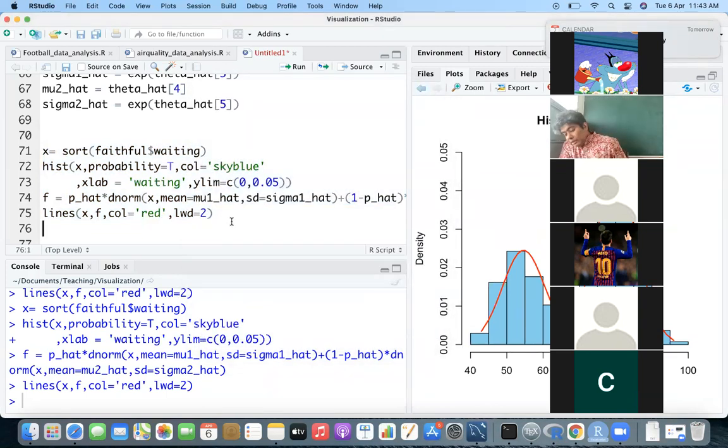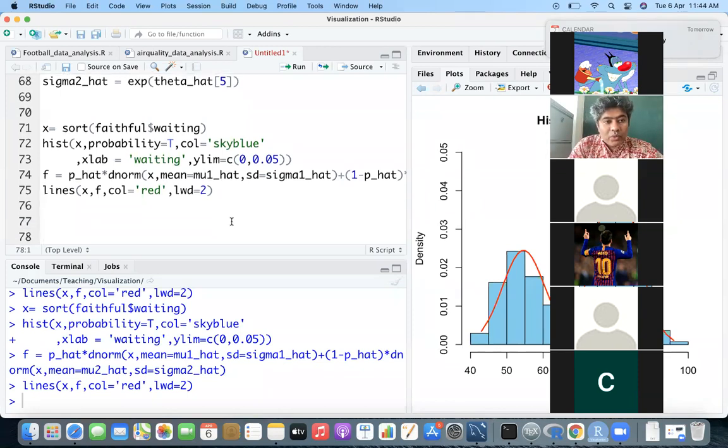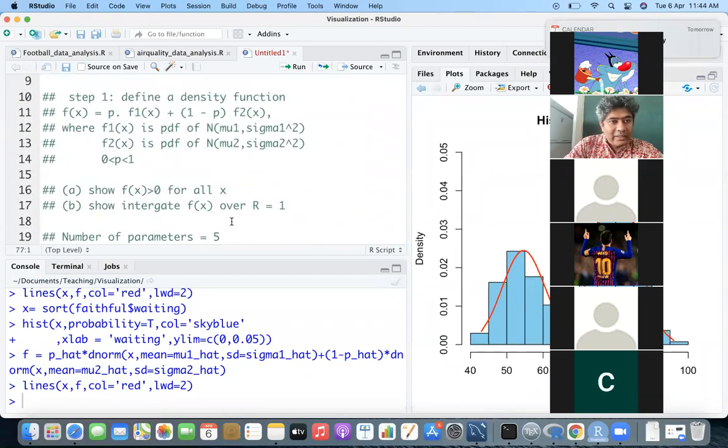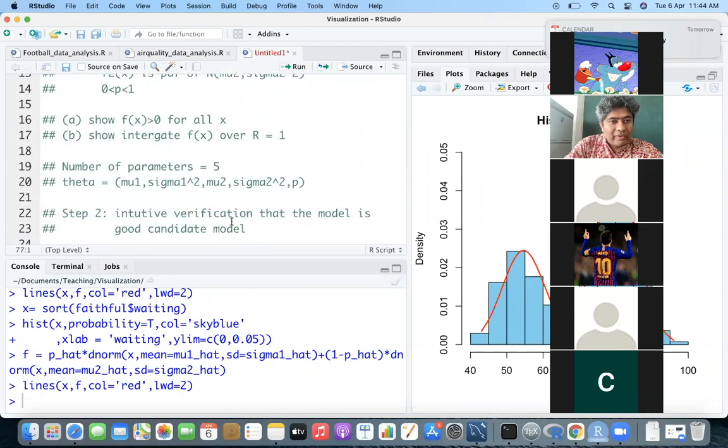The question is, in data science, if I just say that it looks like a good estimate in the visualization, that is actually not a very good thing. You have to give some metric and compare: is it really a good estimate? Is it really a bad estimate? So this is one model, model one that we have tried.